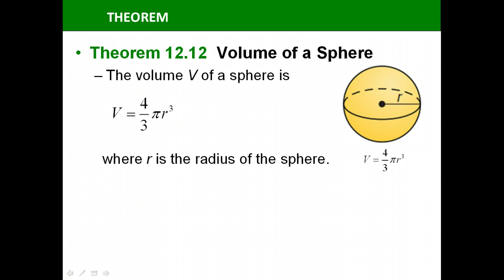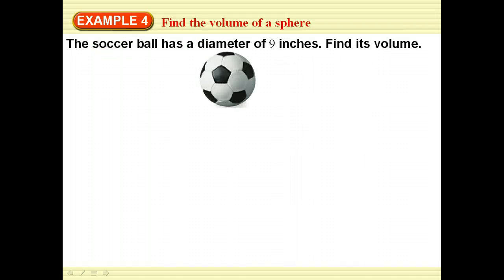The volume of a sphere. The volume of the sphere is 4/3 pi r cubed, where r is the radius of the sphere. So remember, our surface area was 4 pi r squared. Remember, we have to have a cube involved in order to have volume, and so instead of just 4 pi r cubed, it's 4/3 pi r cubed.